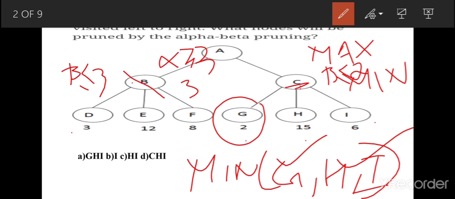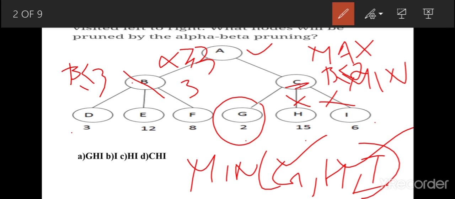Then for the root node we find the maximum of 3 and 2, which is 3. So if we do not consider these two nodes, the result will be 3, and if we consider them, the result is also 3. Hence we will not consider these two nodes.